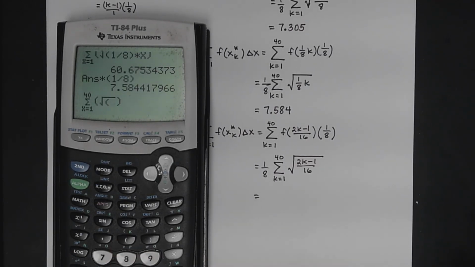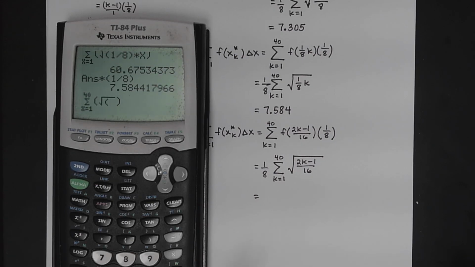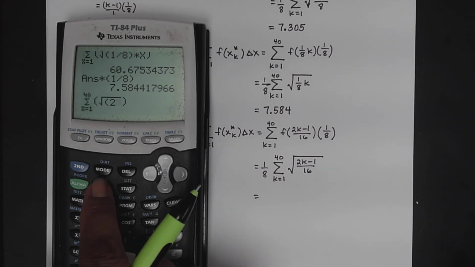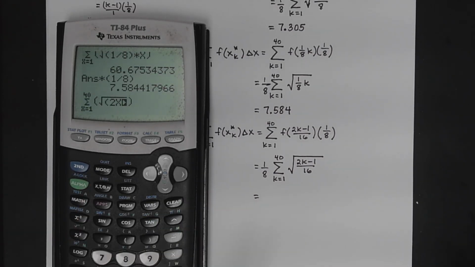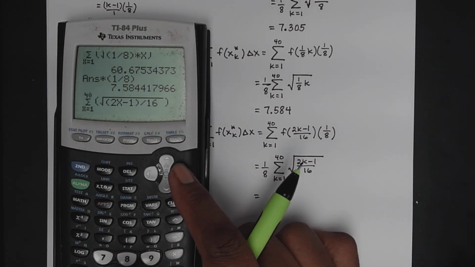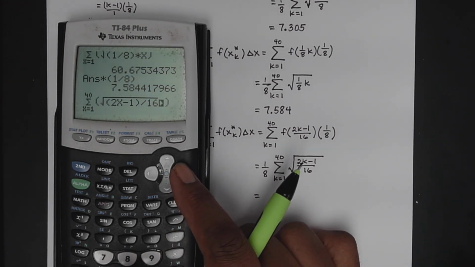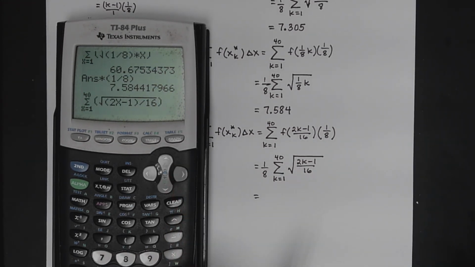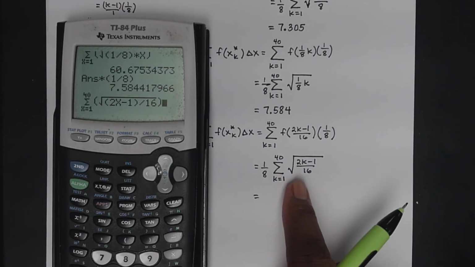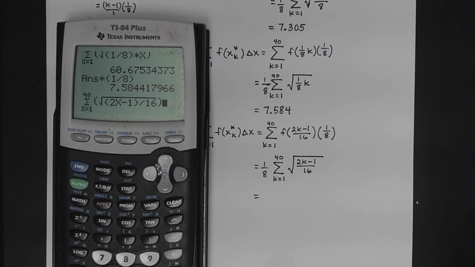And I'm going to put 2x minus 1 in parentheses, close parentheses, divided by 16. Use your right arrow key to get out of the radical and the right arrow key to get out of the parentheses. Whatever I get for this, it'll have to be multiplied by 1/8.